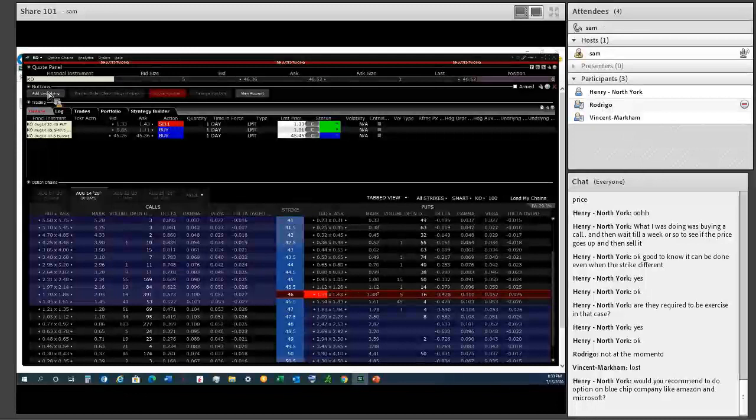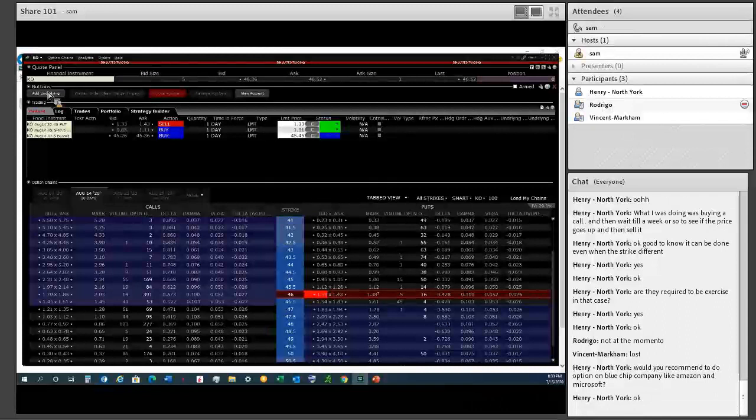Would you recommend doing options on blue chip companies like Amazon and Microsoft? I would recommend doing it on trades that fit the criteria, really, Henry. If you're looking for a blue chip that doesn't move much, Amazon's not in that case, it moves quite a bit.